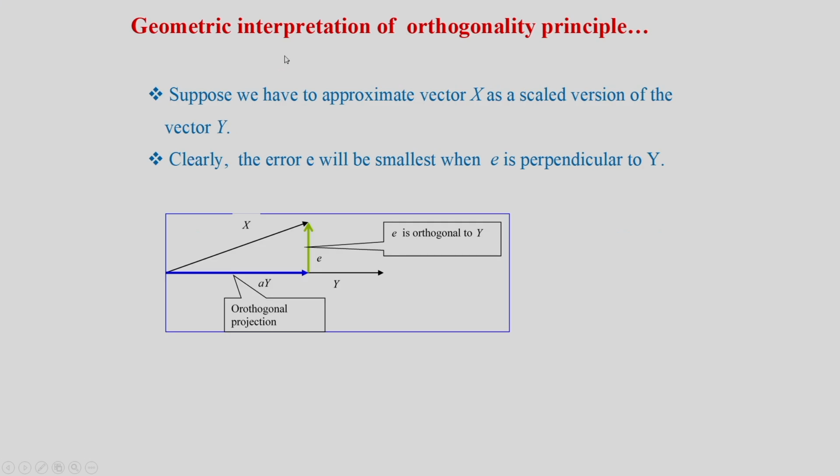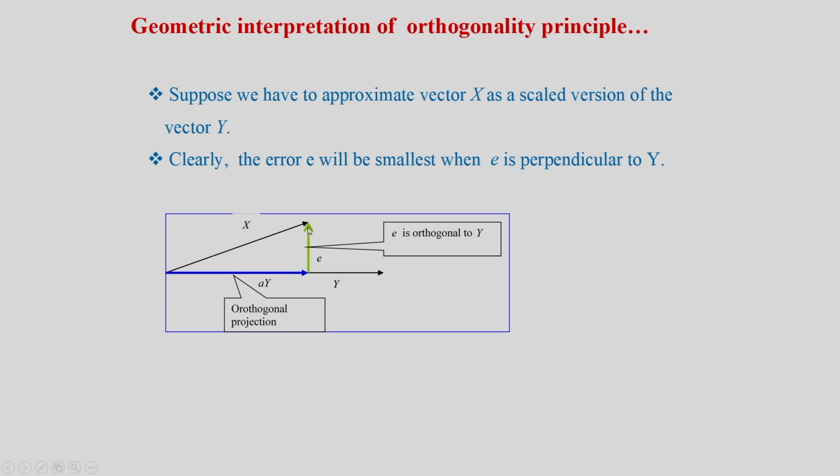Let us try to have the geometric interpretation of the orthogonality principle. Suppose we have to approximate a vector x as a scaled version of another vector y. So, this is vector y, this is vector x. We want to approximate x as the scaled version of y, that is we have to find ay where a is a scalar.